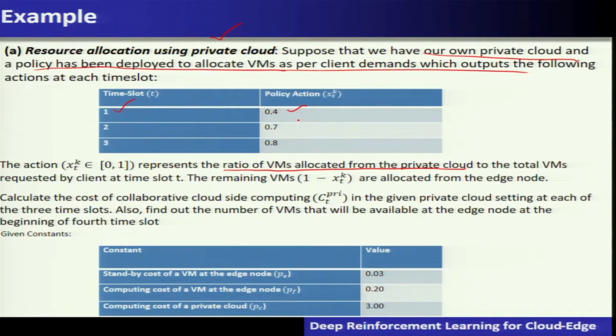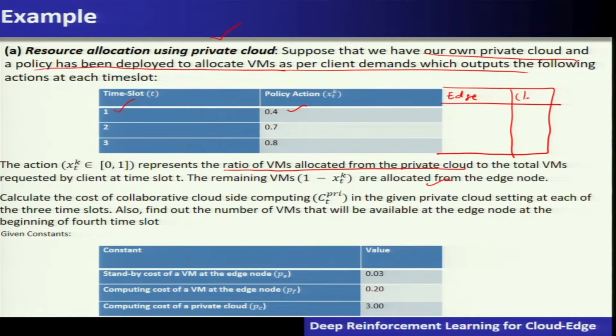That means 0.4 of the demand will be allocated from the private cloud out of the total virtual machines requested by the client, and the remaining are allocated from the edge nodes.